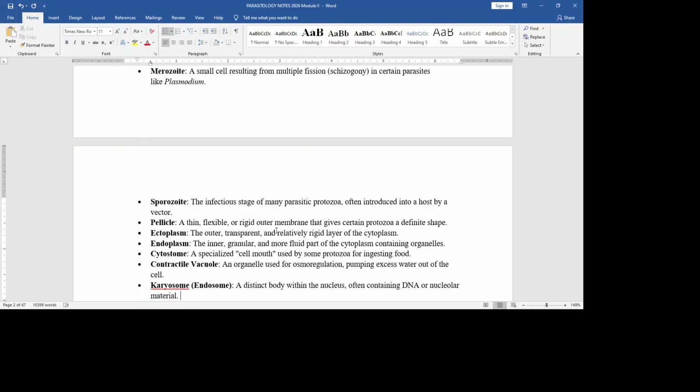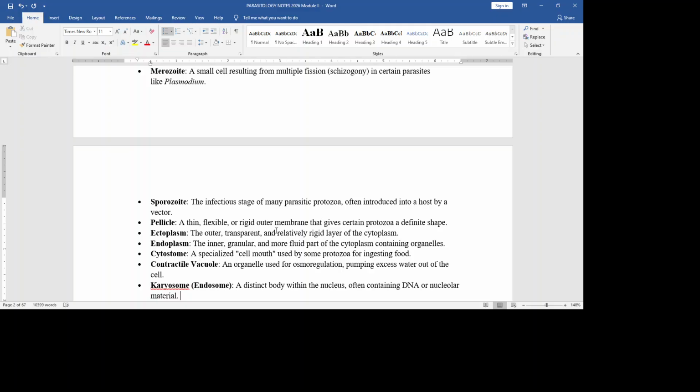Then we have the cytostome, which is a specialized provision or cell mouth used by some protozoa for ingesting food or for trapping prey, as we are going to see in the next few subtopics.